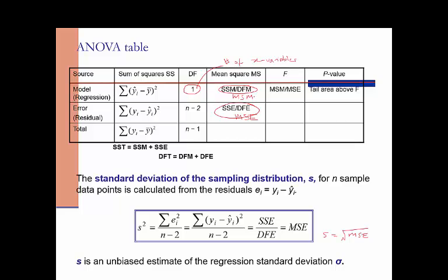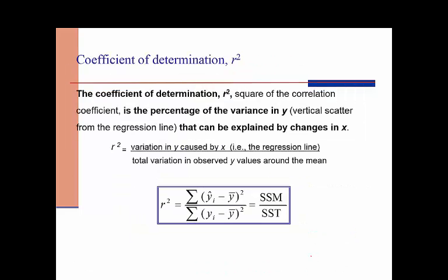In ANOVA, we called it MSG, mean squared between the groups. Here it is just the model. This is always MSE, mean squared of the errors or residuals. So the square root of that will give you the standard deviation. That's the best estimate for the standard deviation of the data set.